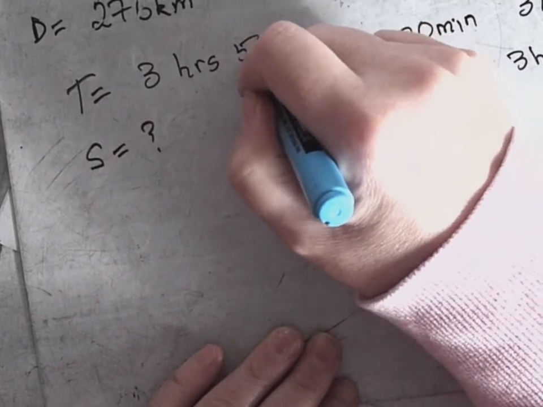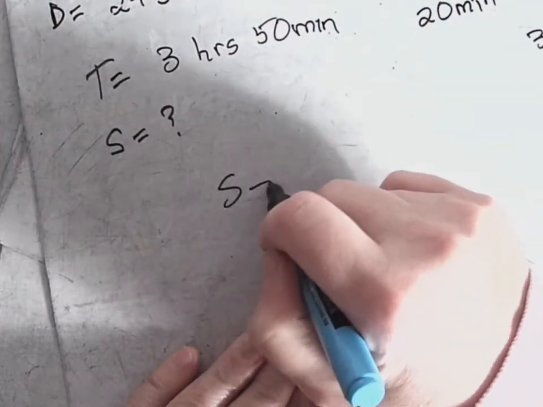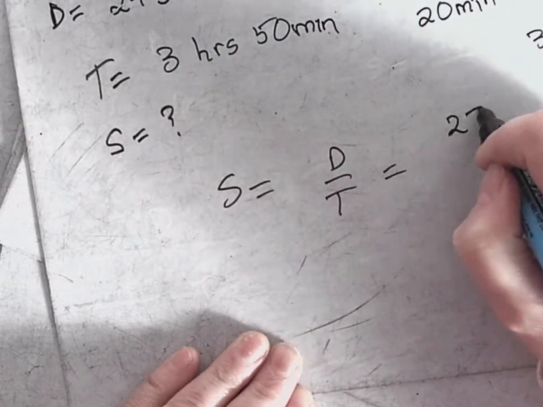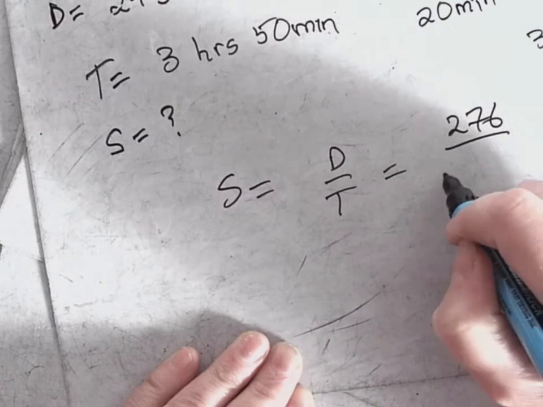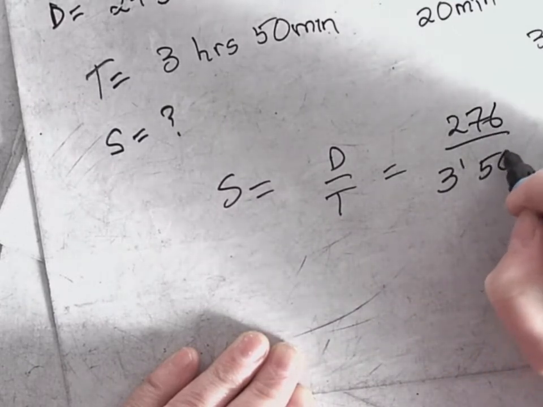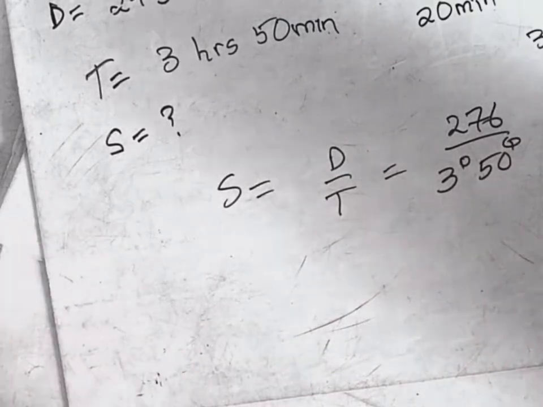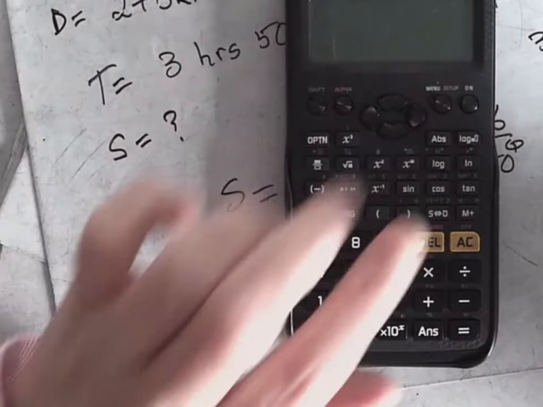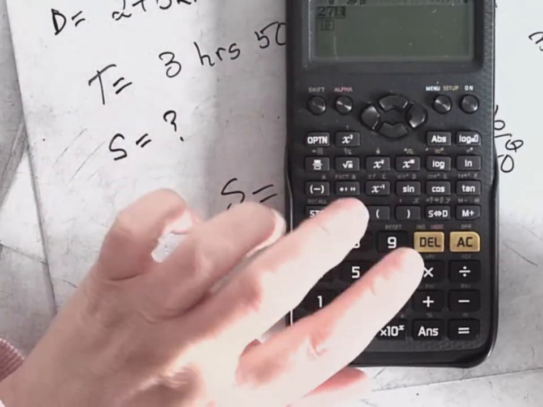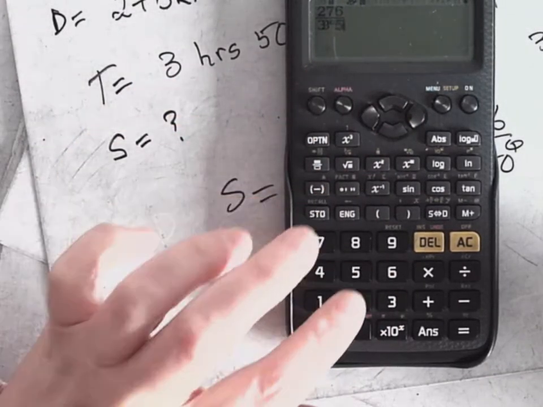So then I want the speed. So speed is equal to distance over time. So the distance is 276, and then it's 3 hours and 50 minutes. I'm going to use that button on the calculator. So that's 276, fraction button, 276, and underneath the line I have 3 hours and 50 minutes.